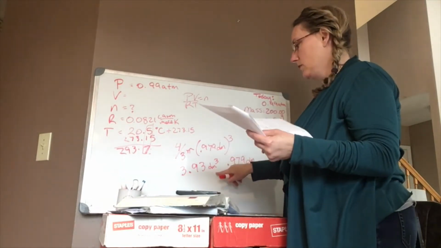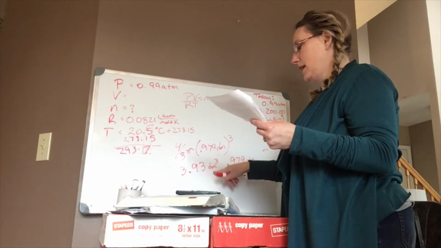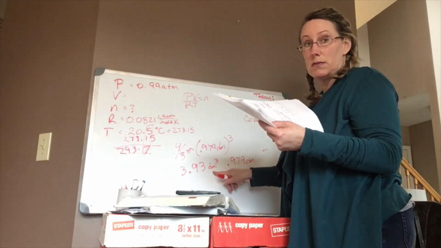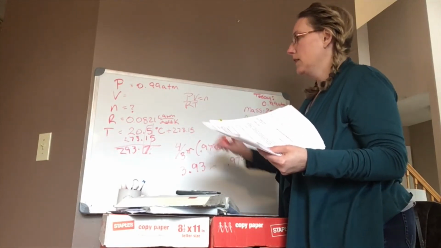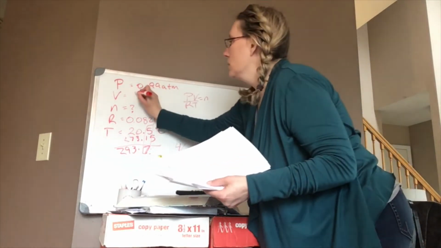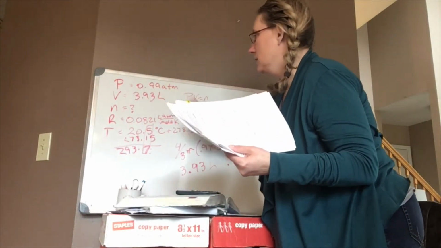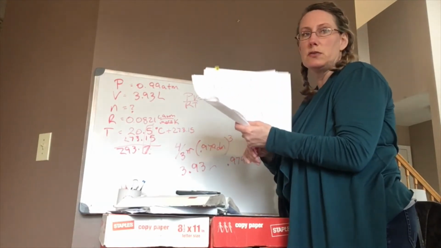As it turns out, and this is why we did it, cubic decimeters is the same as a liter. So we can just change that to liters, and that's going to be your volume. So that's 3.93, or whatever yours turned out to be, liters. Okay? Did I lose anybody?